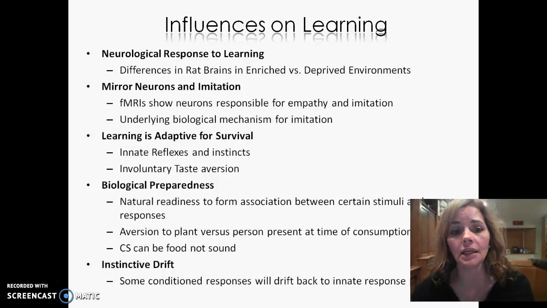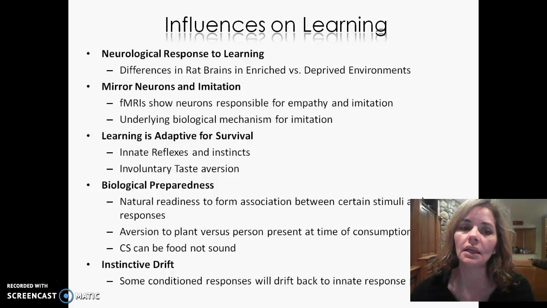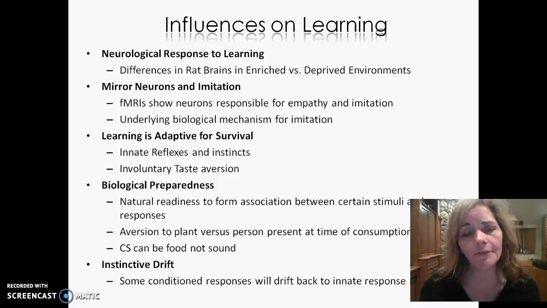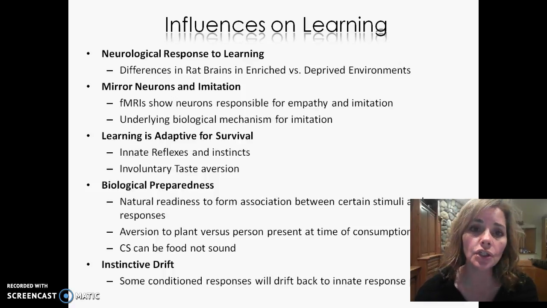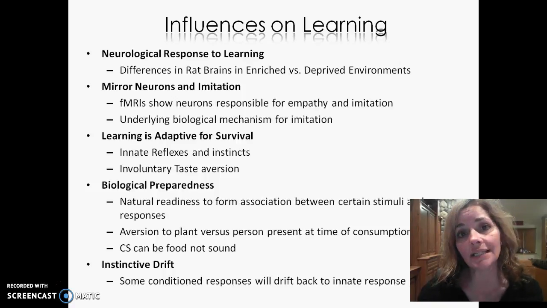You stick out your tongue, they stick out their tongue. These neurons are active as they're imitating you. So there does appear to be a biological foundation for us to imitate and engage in modeling behavior. And then another issue is we know that there's adaptive value, or an evolutionary purpose, in learning.